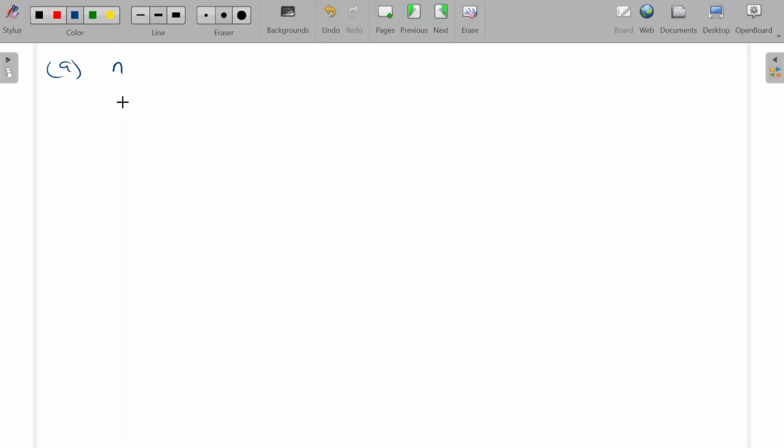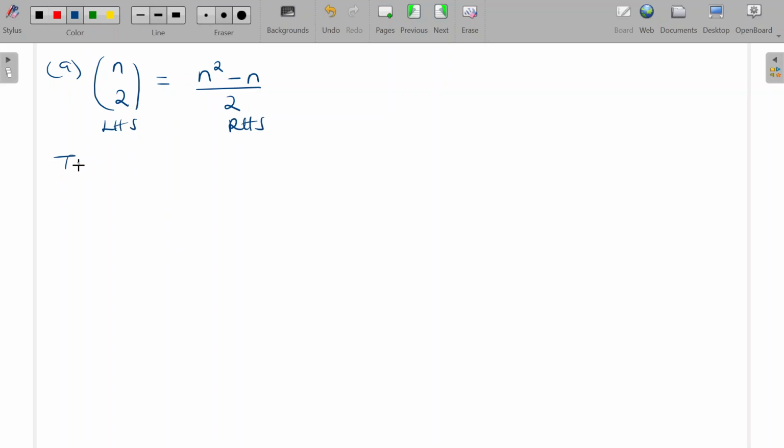So I have a, which is n combination 2, must be equivalent to n squared minus n over 2. That is what I'm supposed to get. So I've identified this is the left hand side, this is the right hand side.